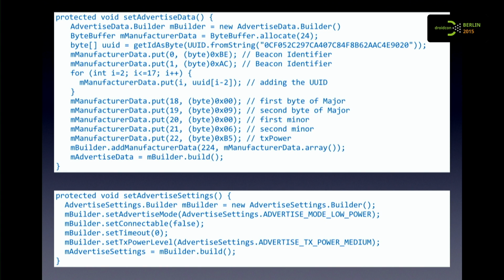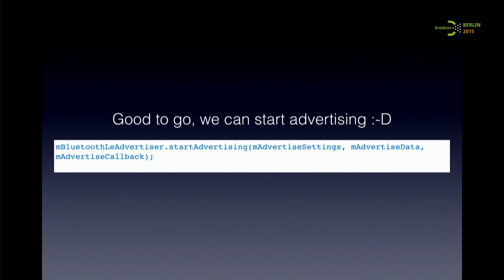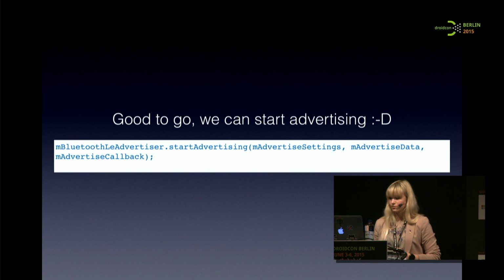For this piece of code, we set the medium signal, and if another device is scanning our beacon, it will be indicated as medium, so not far, not near. To start emitting the signal, you just need to call start advertising and pass all these parameters.